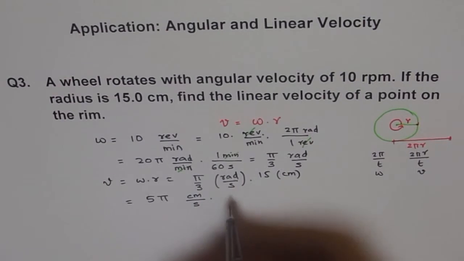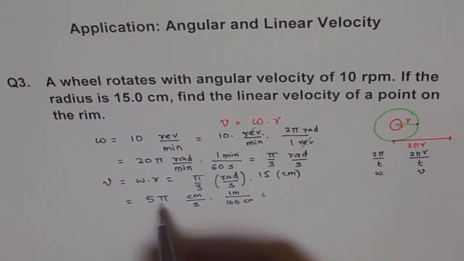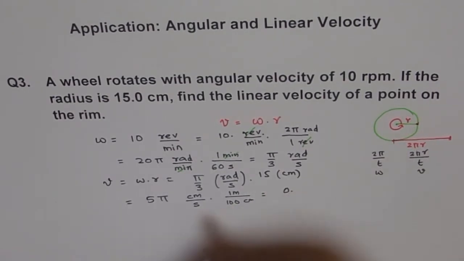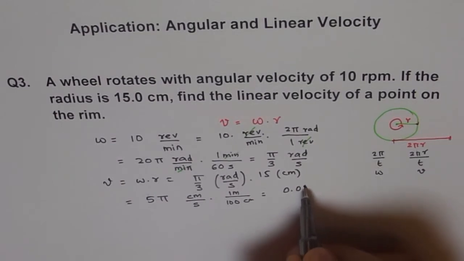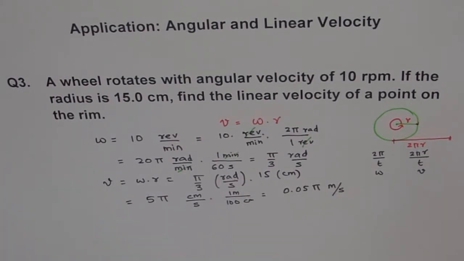To convert to meters, we know 1 meter is how many centimeters? 100, right? 100 centimeter. So we can divide this by 100. So we get 0.05 pi meters per second, right? Because a centimeter gets cancelled off now.